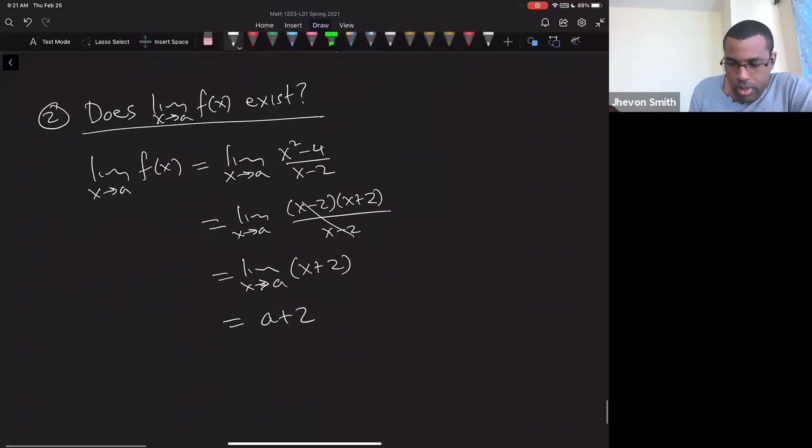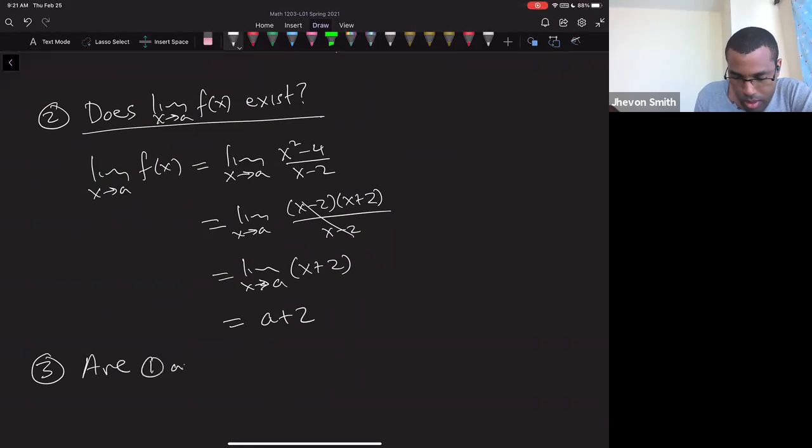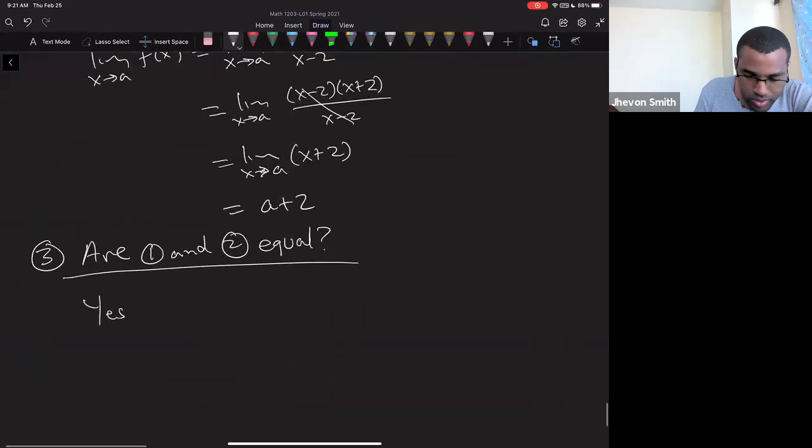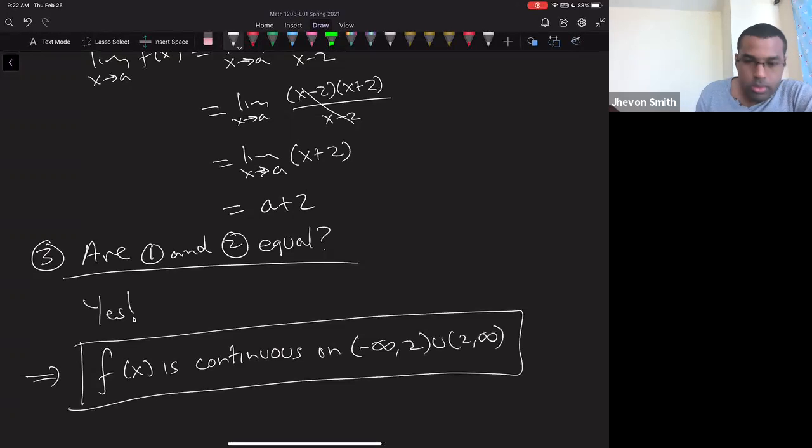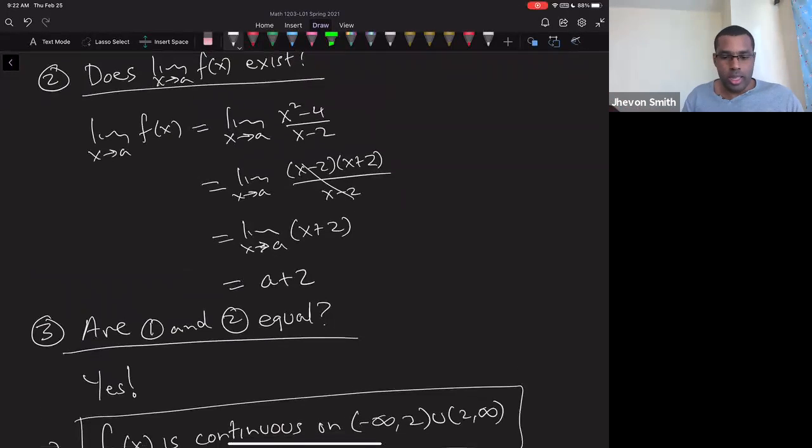And at that point, you'll know that that's actually A plus 2. So then you ask, are 1 and 2 equal? The answer is yes. So this means our f is continuous on everything other than 2, because that's what I assumed A was. Okay. That's that.